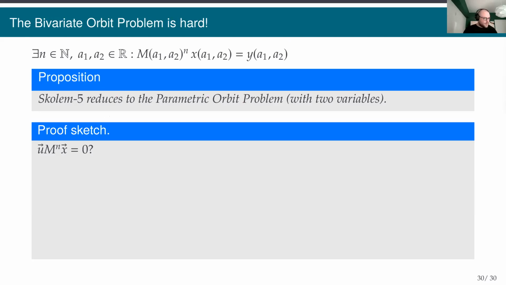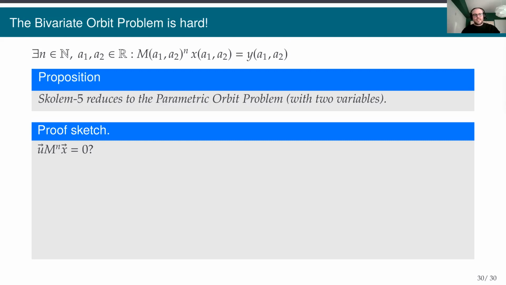And if you recall that we had hardness when T, our target, is a two-dimensional semi-algebraic set, well, this is actually a situation of that sort. So this is actually giving hardness for the normal reachability without parameters if your target is 2D semi-algebraic.